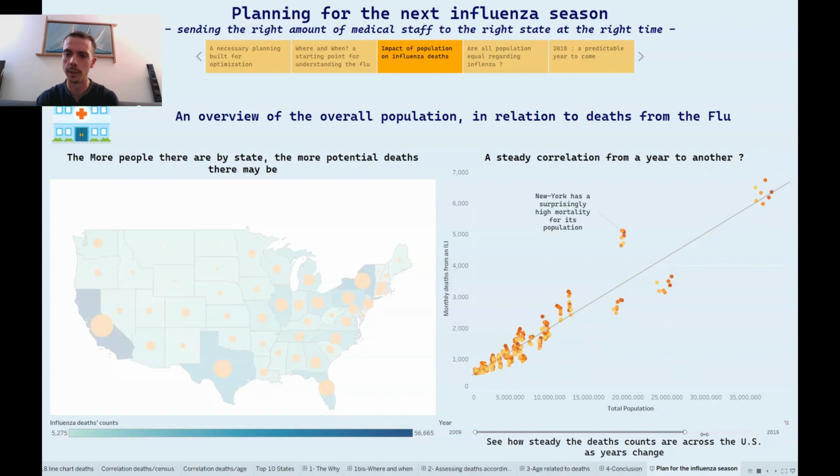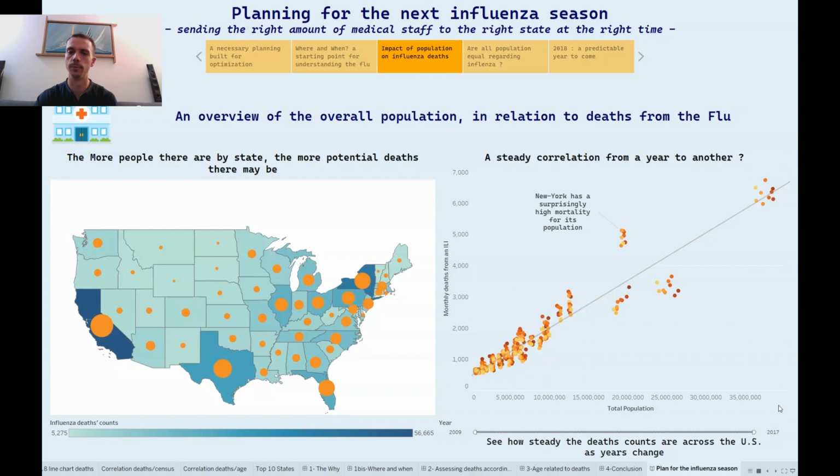As time goes by, the same reality is shown up until now, 2017. So we know for sure that the more people there are, the more deaths there are in the state. So this will be a main consideration in our study in order to know where to send people.